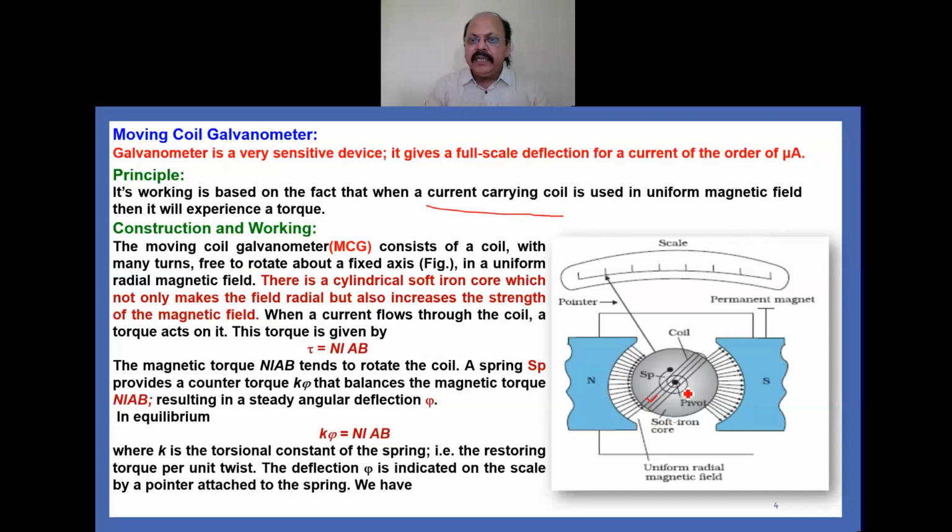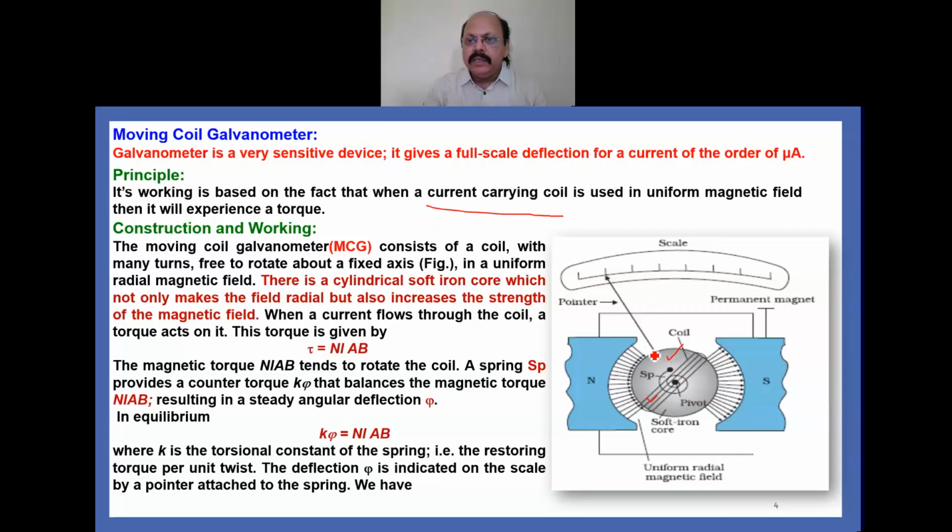So that is produced by these two concave type poles. And there is a cylindrical soft iron core. This is a cylindrical soft iron core, the top view you are observing, which not only makes the field radial but also increases the strength of the magnetic field.